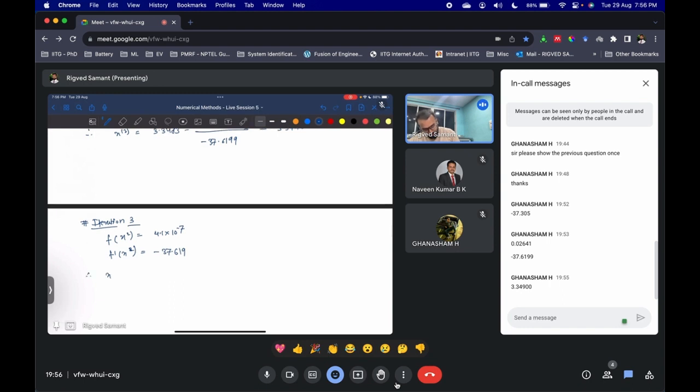Therefore x3 would be x2 minus f of x2 divided by f dash of x2. So x3 would be again 3.349.